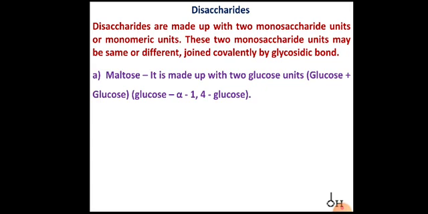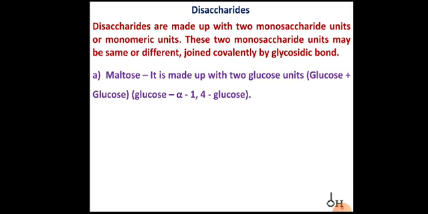Draw the structure of galactose in ring form, so that you'll be able to draw the structure of a disaccharide. It is a very easy task to understand. Once you understand how to draw the structure of a monosaccharide like glucose, you can easily draw the structure of a disaccharide.